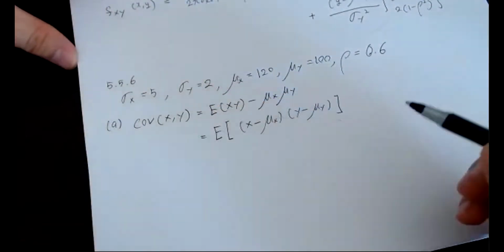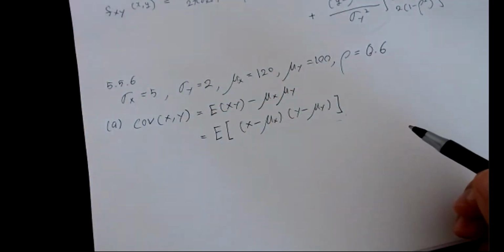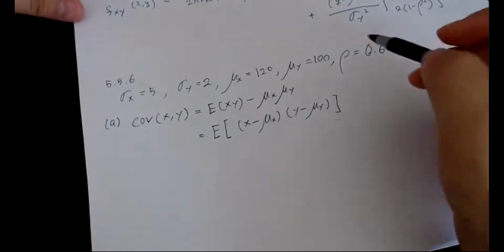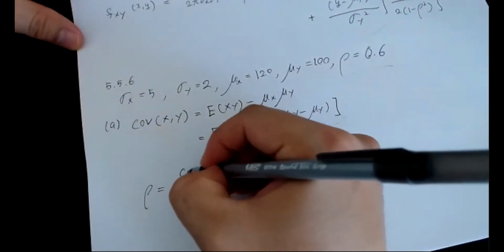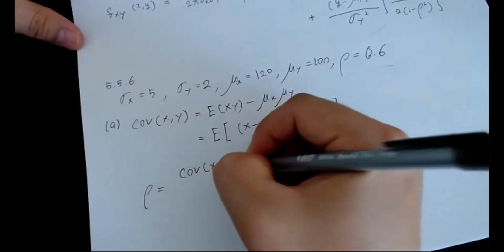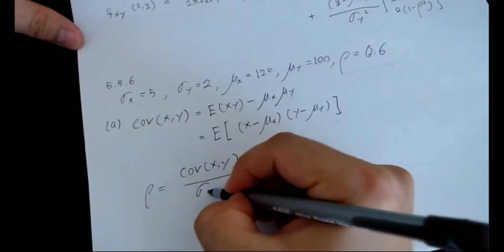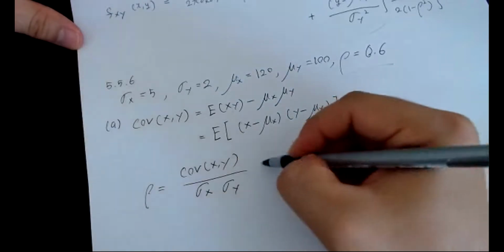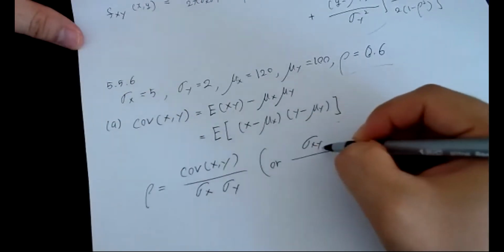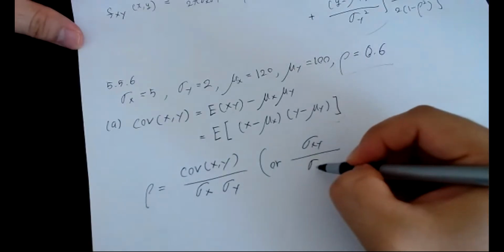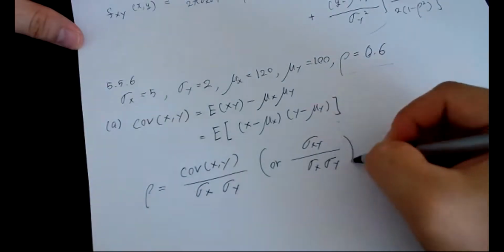What formula involves the covariance of x and y? Correlation, right? Correlation is the covariance of x comma y over sigma x sigma y, or sigma xy, the symbol of covariance, over sigma x sigma y.